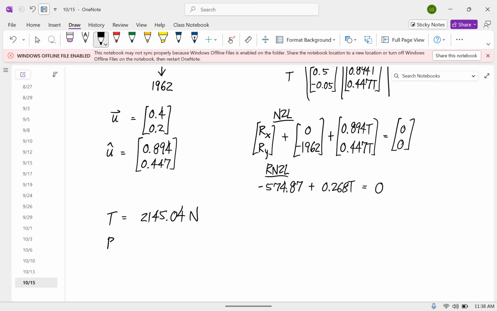And R, the X component is negative 1917.66.